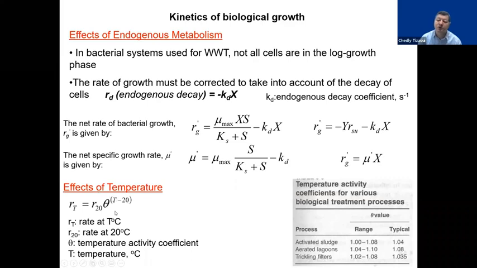You remember this equation when we talked about it for BOD. It's the same sort of equation. This theta is found in tables. For example, for activated sludge, the typical value of theta is 1.04, aerated lagoons 1.08, and trickling filters 1.035. All these theta values are obtained from experiments.